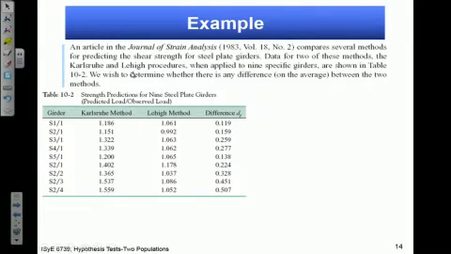Anyone from mechanical engineering familiar with these two? Anyway, there are two different procedures. We have nine specimens. We measure using the first method, and the same specimen we measure with the second method. Therefore, they are dependent. So how many of them do we have? Nine. And this is the measure for the first method, the second method, and we want to see if these two methods are equal on average.